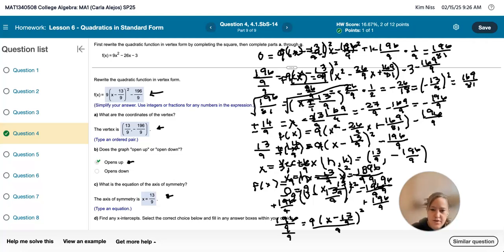This just equals 9 times negative 13 over 9 squared minus 196 over 9, which equals 9 times 169 over 81 minus 196 over 9.